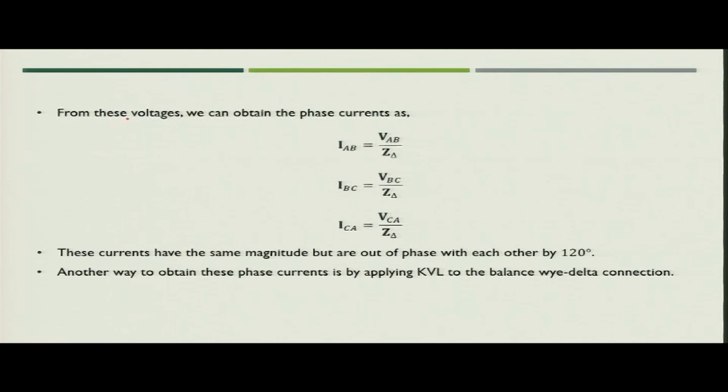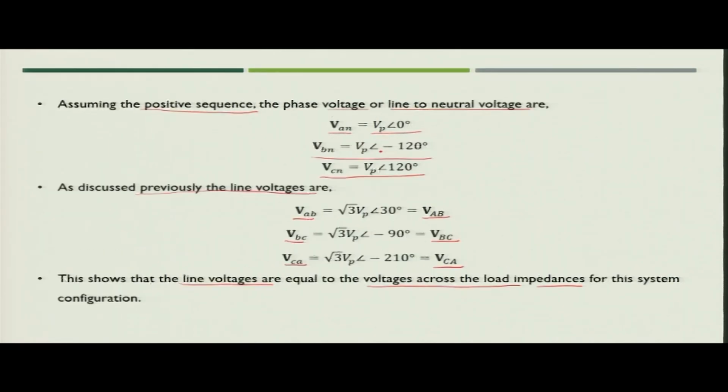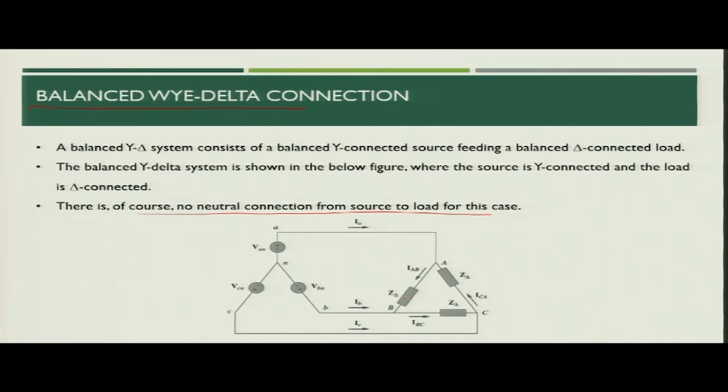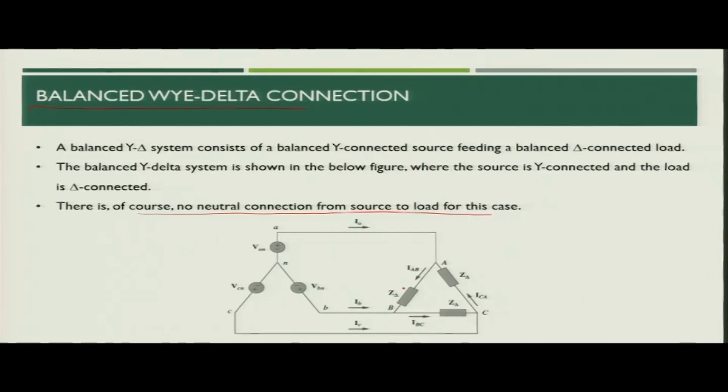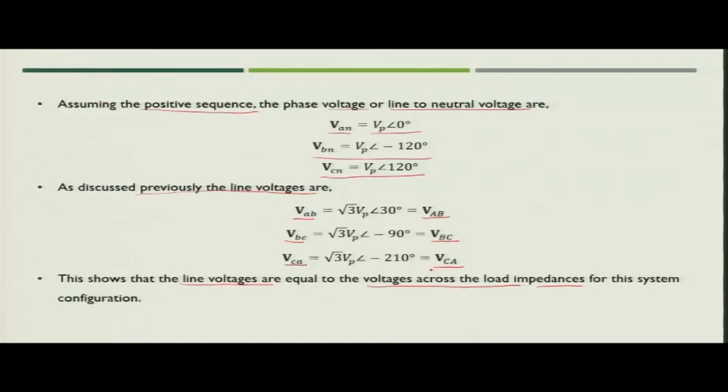Now, from the voltage values which we got, we can find the phase currents. The phase current IAB, that is the current flowing in leg AB, will be VAB by Z delta, where Z delta is the impedance of the load per phase.